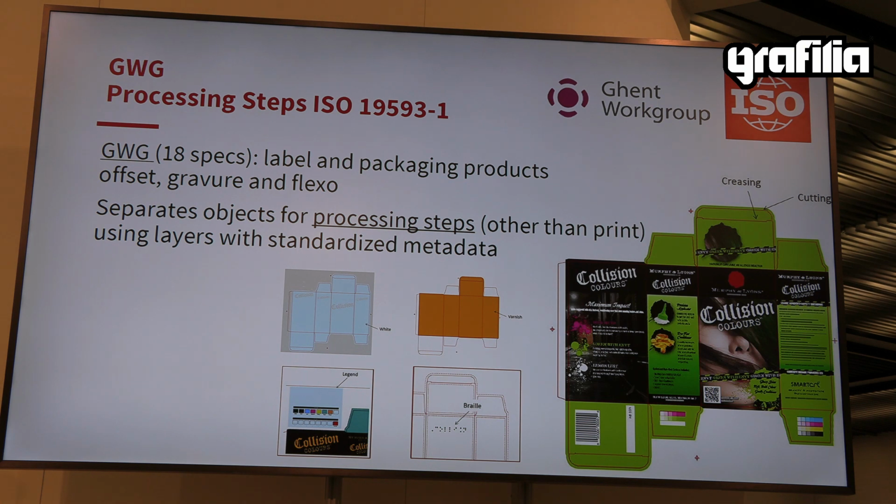But for packaging and label, the situation is even more complex because your print file usually contains not just the print layout, it also has information for additional processing steps, if you want post-print processing steps.